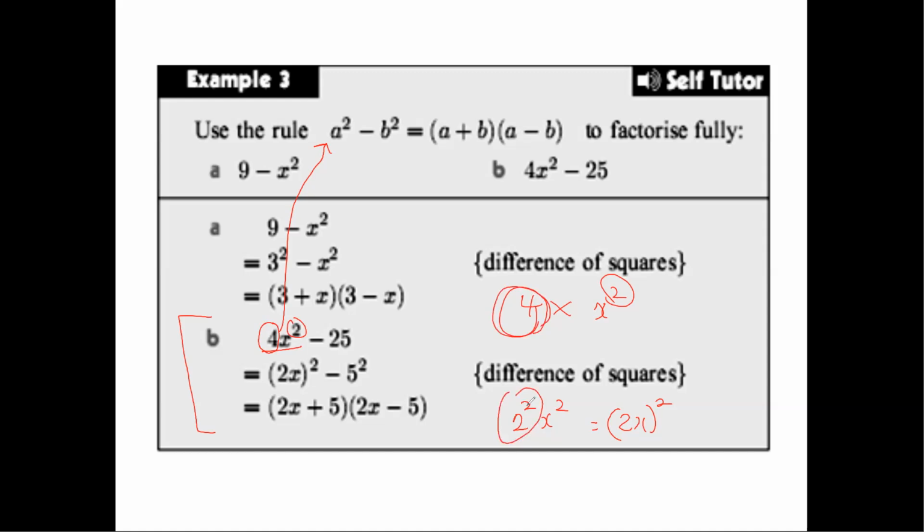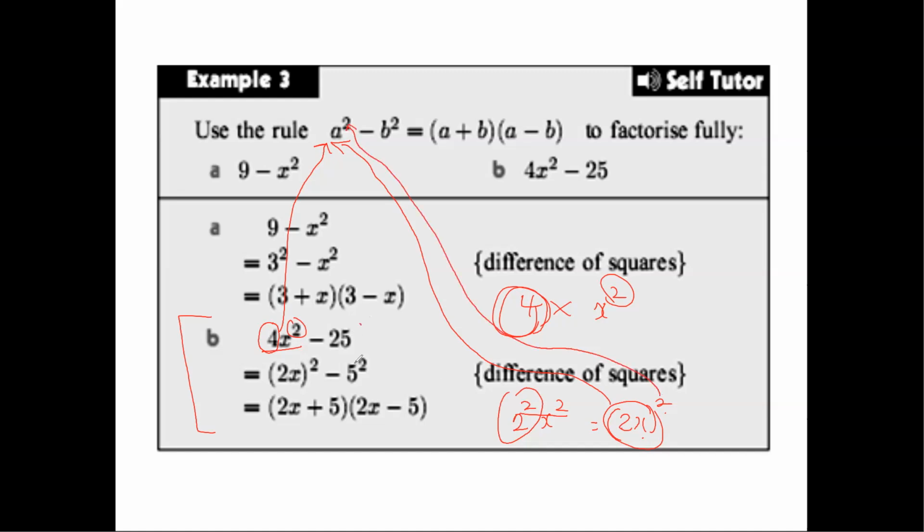See? So now because this 2 and the x are both squared, we can put the 2x in a bracket and square them all. So this 2x now matches up with this a, right?